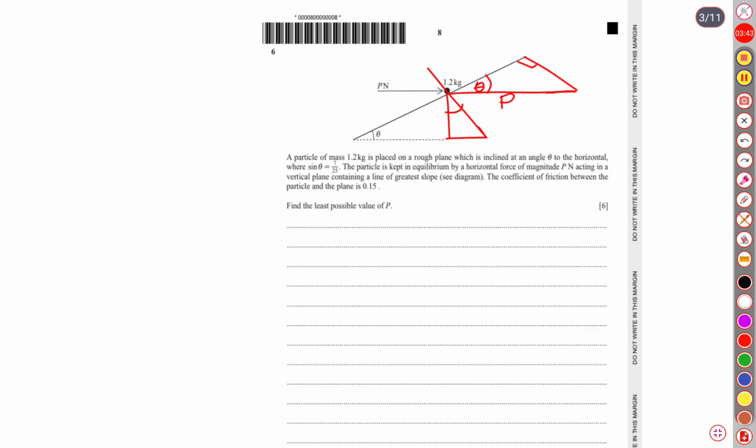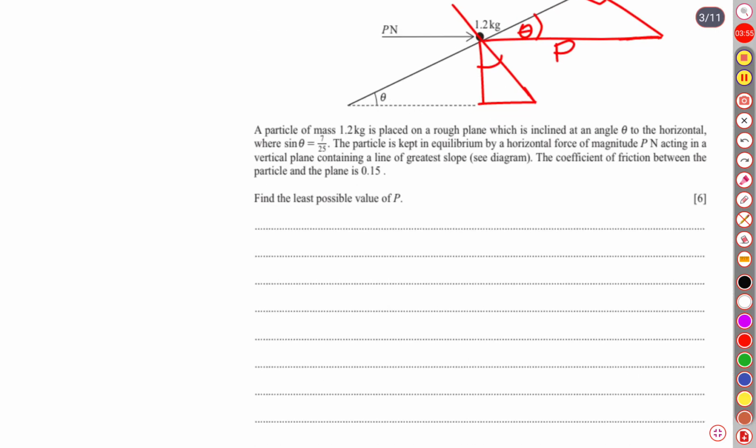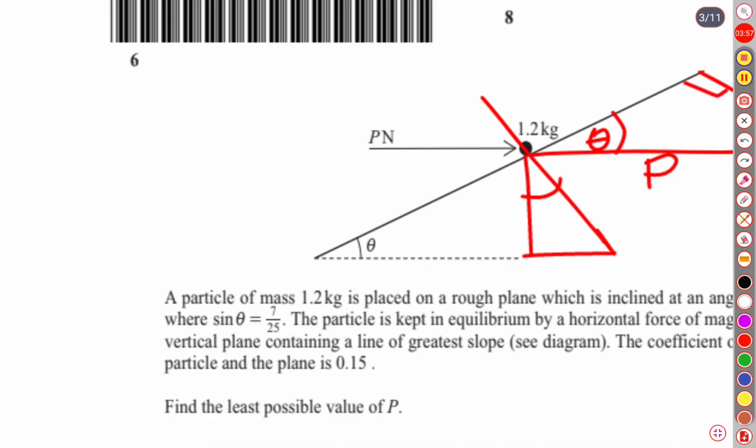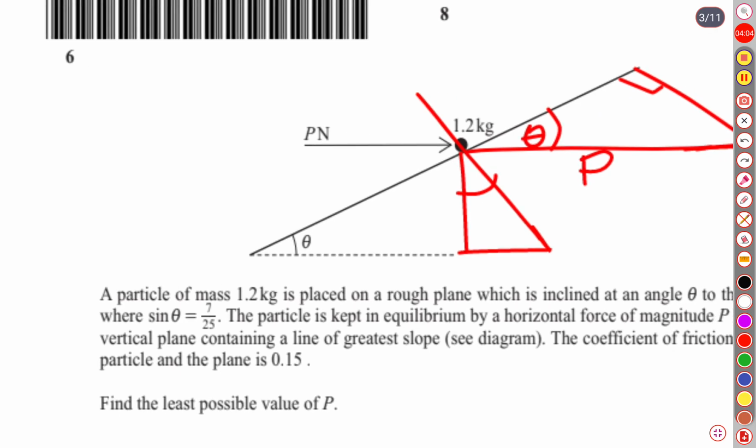We know that R plus upward force. Let's see what is the upward force over here. Is there any force acting on the particle upward? Not at all. Look at this. P is also pressing downward.